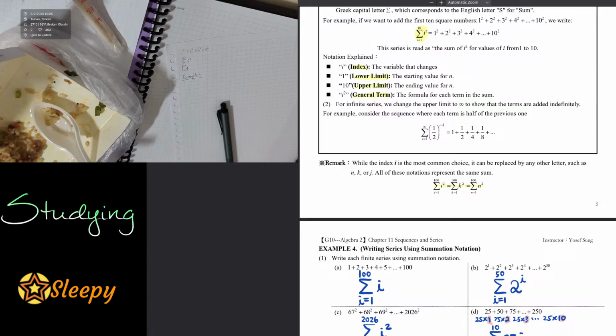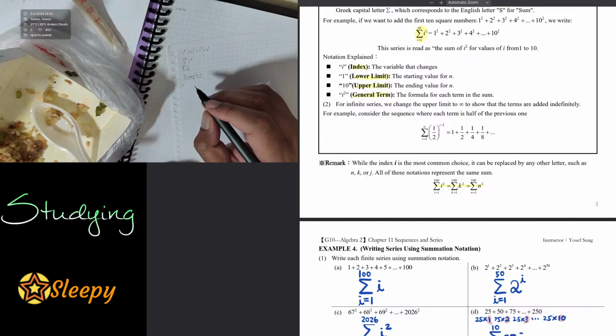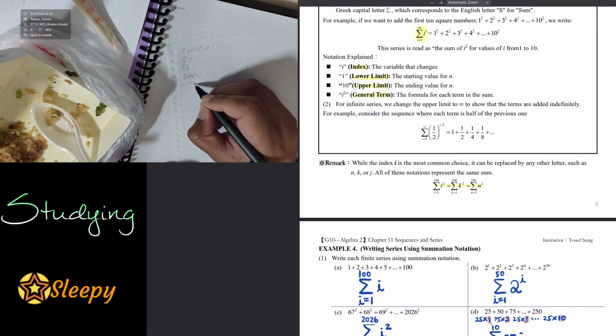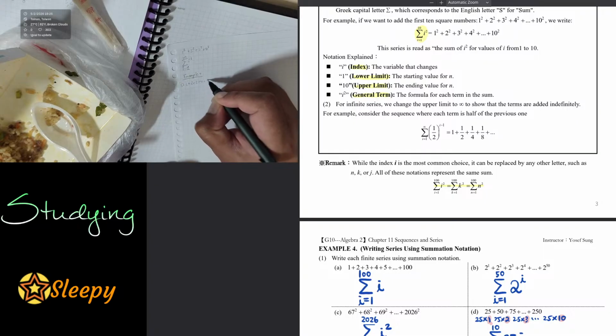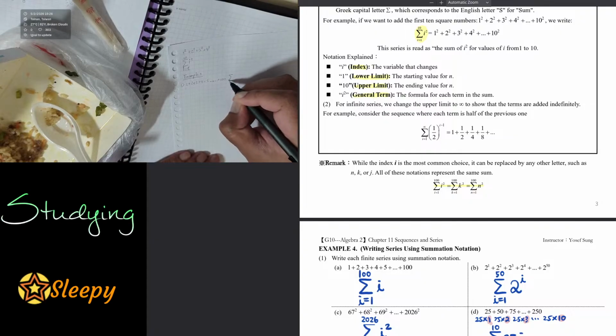Okay, write a whole bunch of stuff using summation notation. So, okay, 1 plus 2 plus 3 plus 4, 5, and then plus 100. Okay, so you write a big sigma. And the final one is 100. That's easiest. And I will use k.